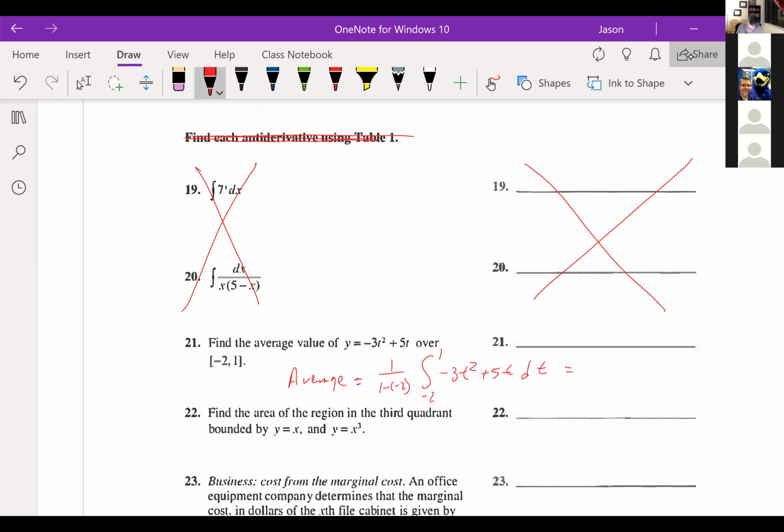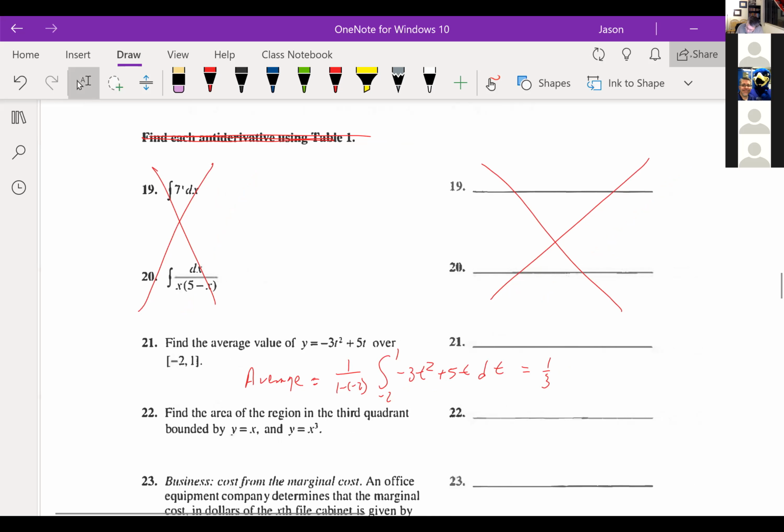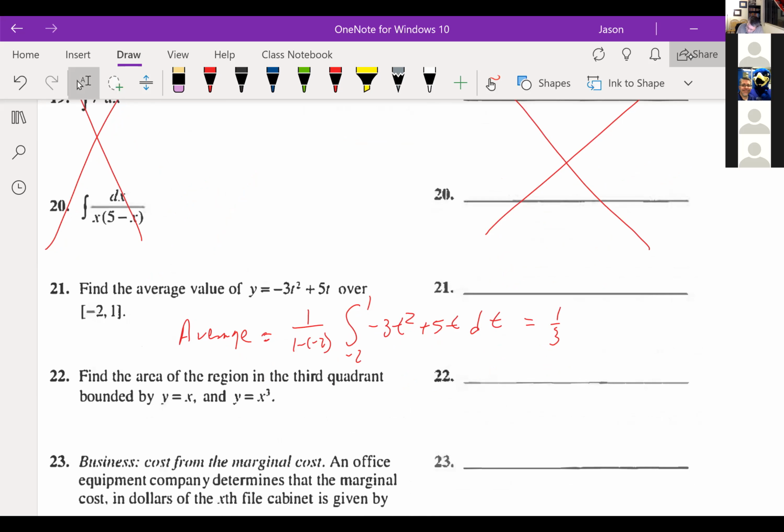So this becomes 1/3. This is going to be t to the 3 over 3, so that becomes negative 3t cubed over 3 plus 5t squared over 2.